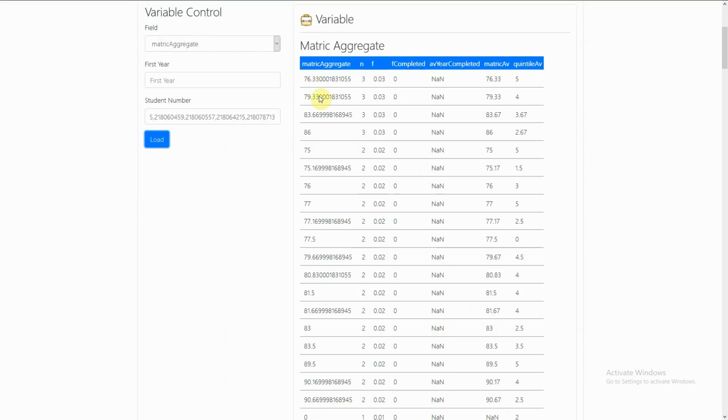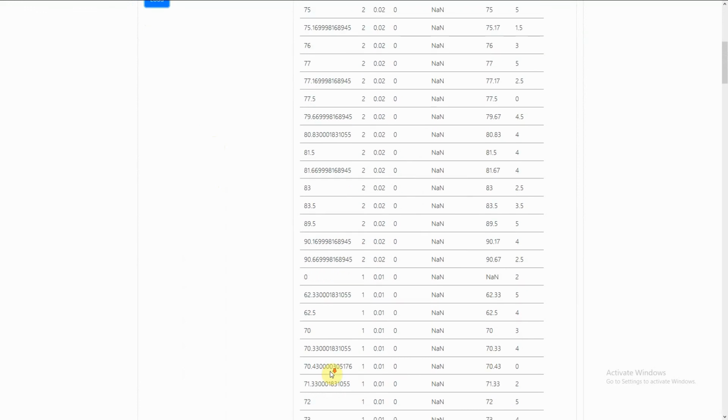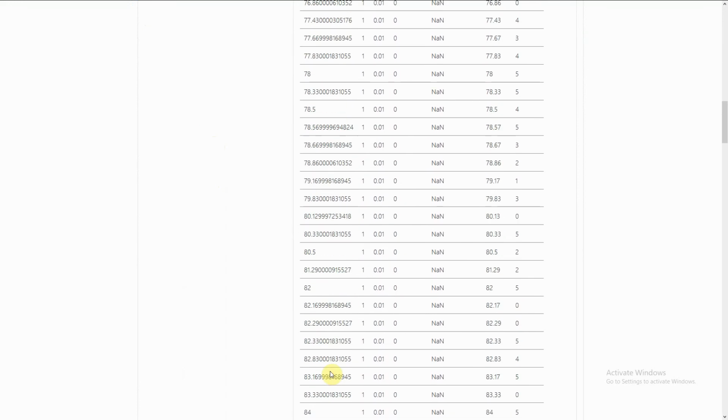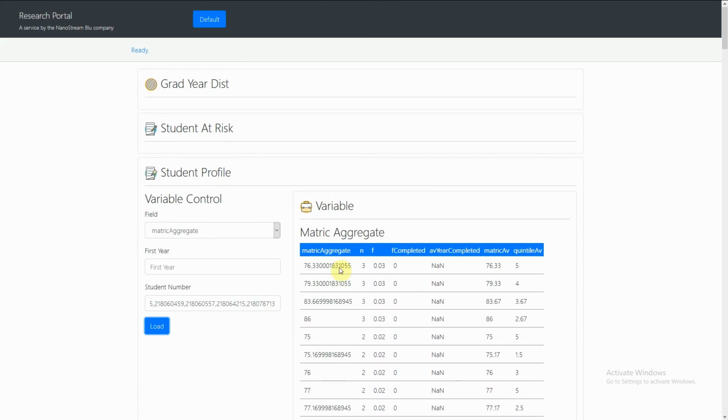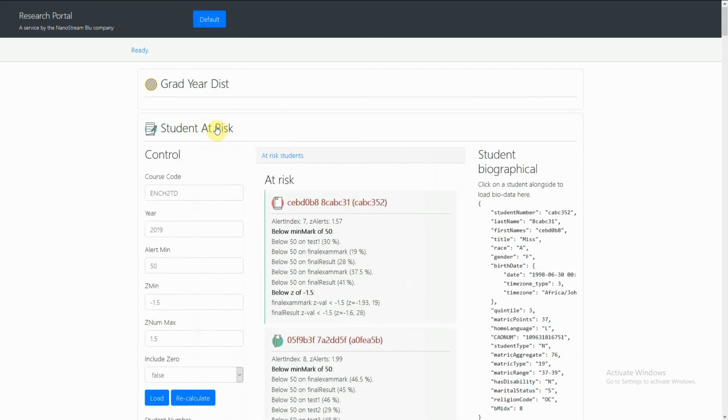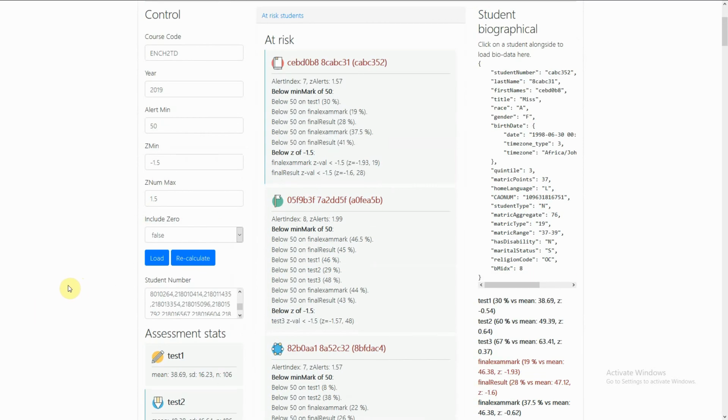You'll find that the average marks for these students are fairly strong. So these are students that did fairly well in their schooling, and so student preparedness, at least from the matric aggregates, is not a good indicator. So that's another way to investigate the claims that the student preparedness is an issue in this course.